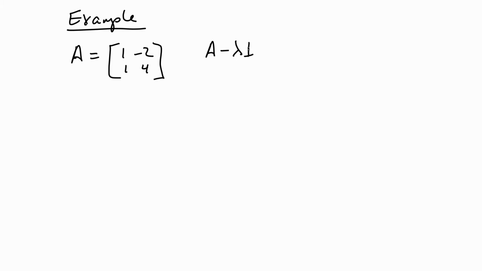So I'll just do an example, because it can get confusing with all those A sub whatevers. So let's say my matrix is 1, minus 2, 1, 4. Well, then my A minus lambda I is just going to be 1 minus lambda, minus 2, 1, and 4 minus lambda.